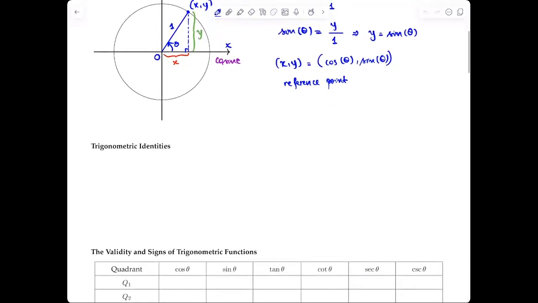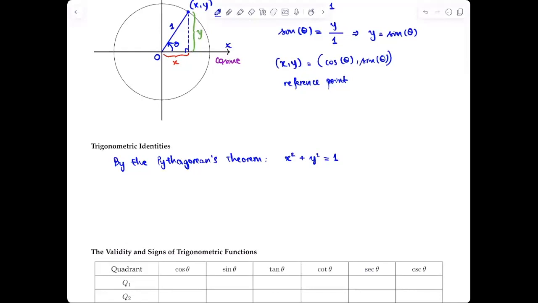So by the Pythagorean theorem, you have x squared plus y squared equal to 1. So that's the equation of a circle centered at the origin with radius 1. Okay. Or more specifically in our case, the equation of the unit circle.